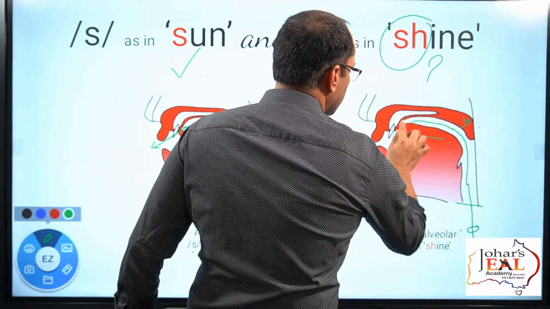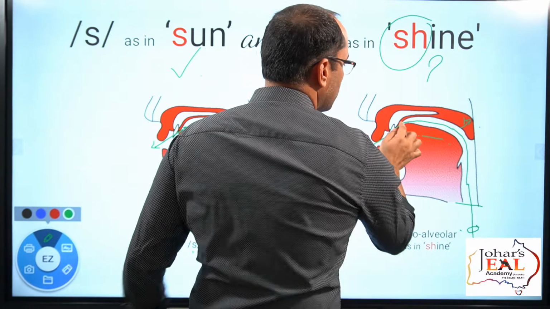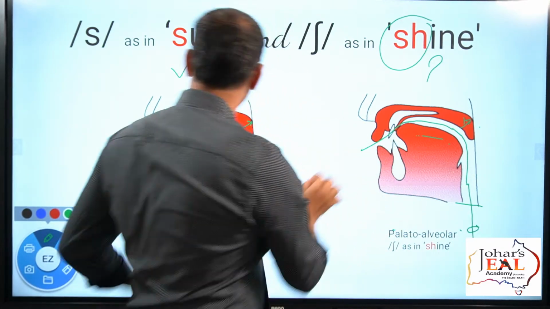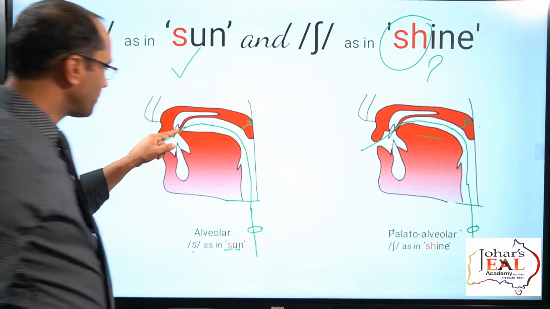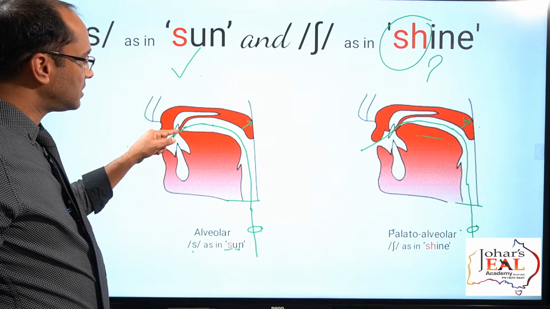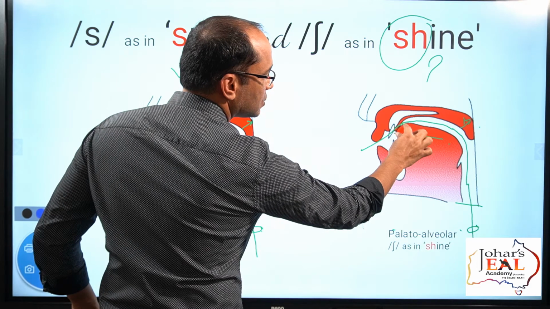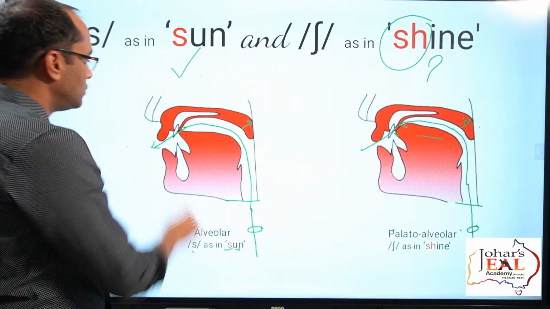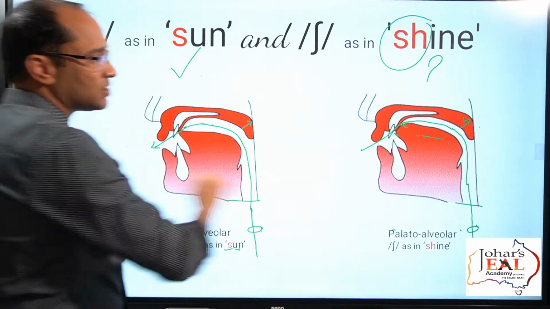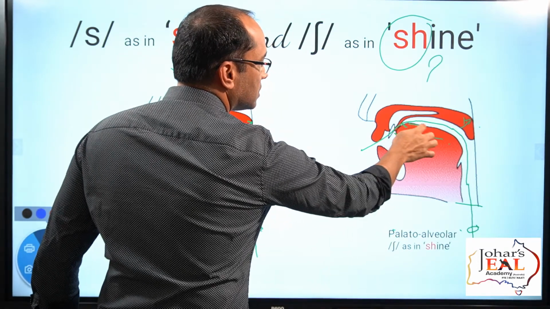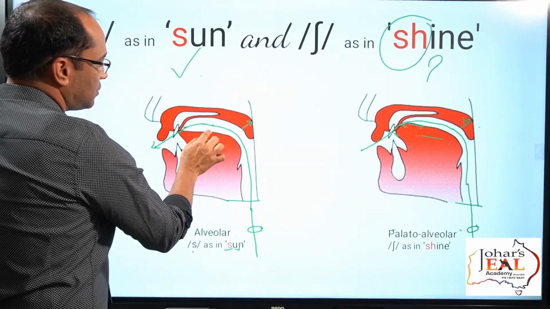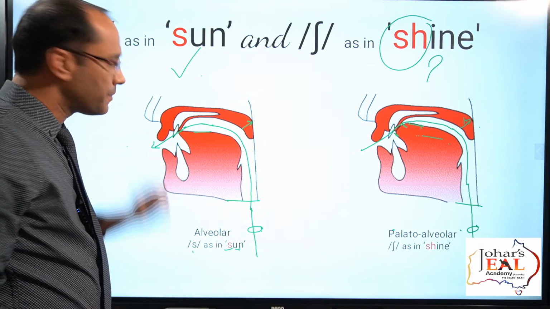When this air passes through it, there is audible friction, and here you see just the tip or just the blade of the tongue goes against the teeth ridge, and here quite a larger section of the tongue goes up, and here just a smaller section. This part of the tongue also is raised, but here it remains quite low.